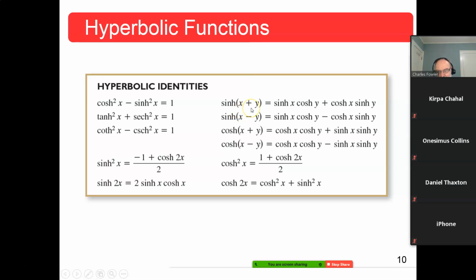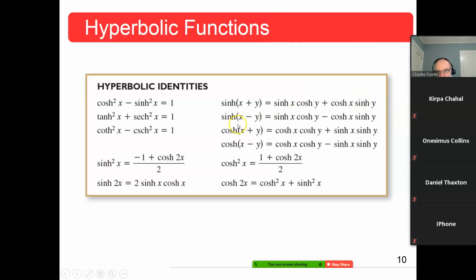Your sum of two angle formulas in trig come out looking a lot like this. In fact, it's identically like that if you just take off the h's everywhere, here, here, here, here, and here. Those would be the same.